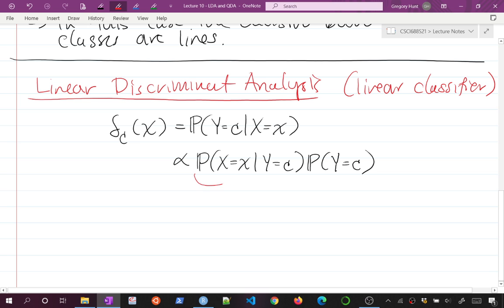One way of viewing linear discriminant analysis, and maybe next time we'll talk about another way, is that it makes an assumption here.